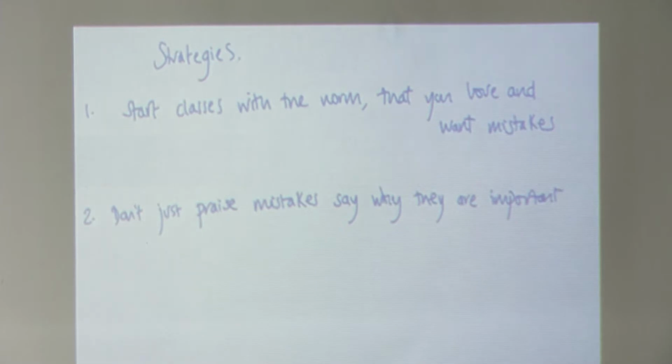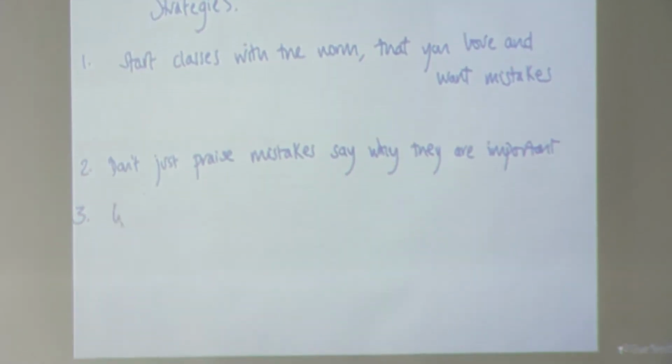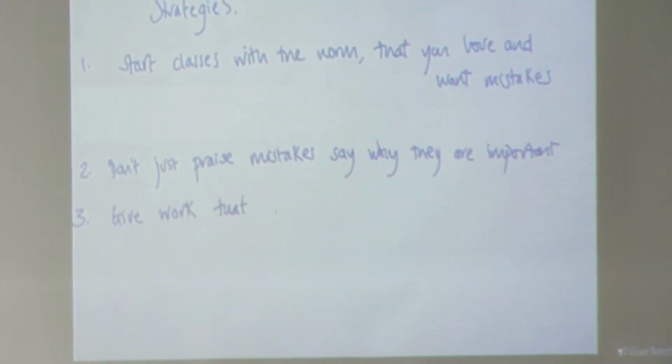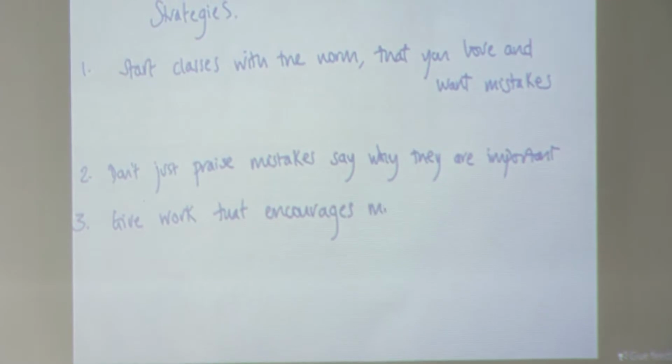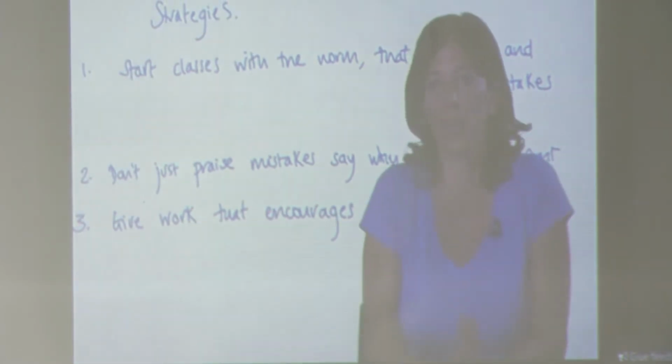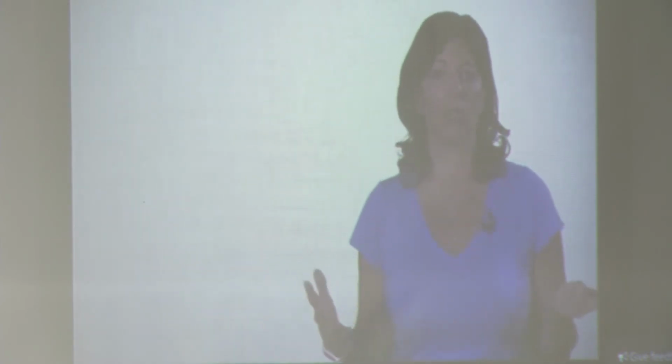The third point is to give work that encourages mistakes. If students aren't making mistakes in their math work, they're not doing work at the right level for them. So try and always push the boundaries, keep them at the edge of their understanding at all times. And this may require talking to them about what's most helpful for them. For example, you can tell students that when they get a question right, that's not really producing learning, and if you're getting all questions right, you're probably not doing work that's challenging enough. And as Carol has said, students are missing out if they're not getting the chance to make mistakes.